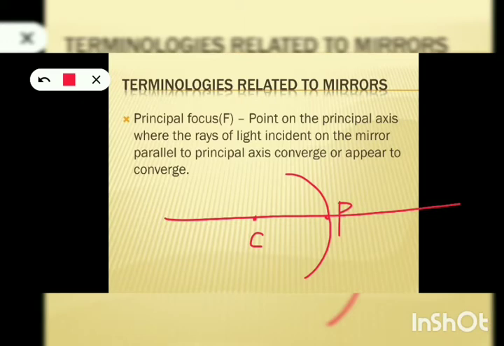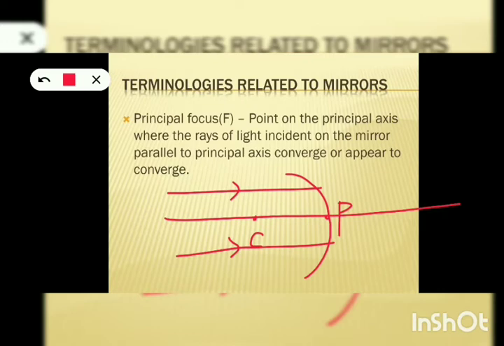Consider these rays, which are parallel to the principal axis, and such rays are incident on the mirror. This is the reflecting part of the concave mirror, because for a concave mirror the inner side is reflective. So the rays of light have fallen on the reflecting surface.